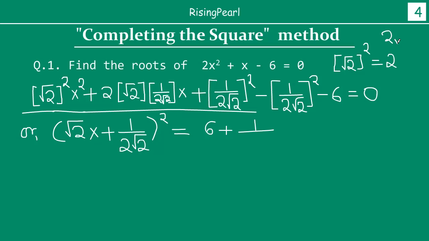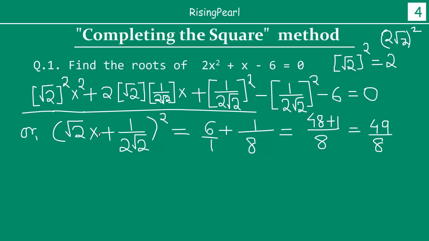So 2 square root 2 whole square will be 2 square, which is 4, times square root 2 square, which is 2. So 2 times 4 is 8. 6 ones are 6, 6 eights are 48, plus 1, so this will be 49 by 8.